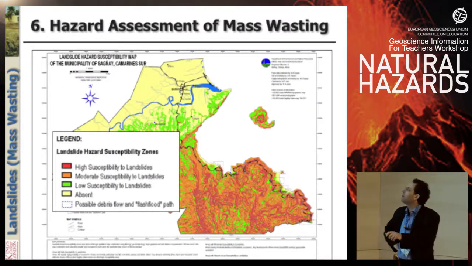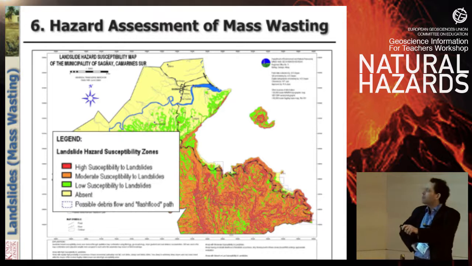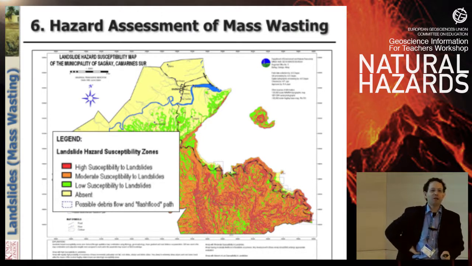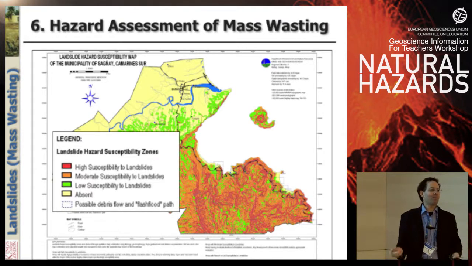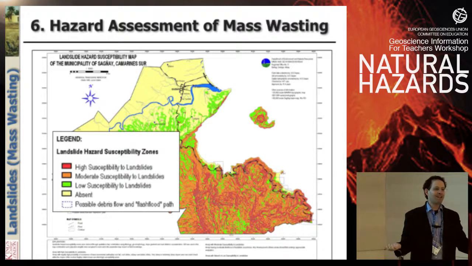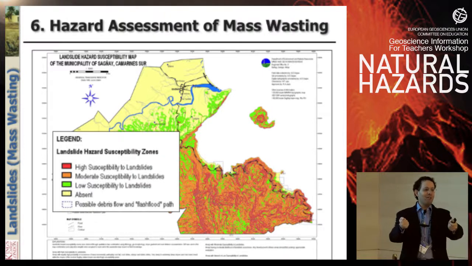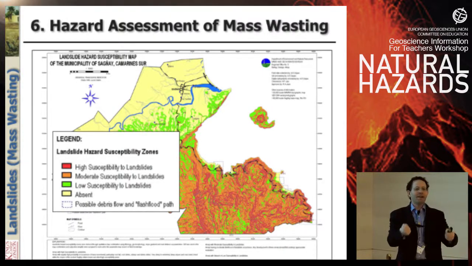This is an example for Camarines Sur. This is high susceptibility, moderate, low susceptibility, absent, and so they created it. And then you come to another issue: there's huge areas here which are being indicated as high susceptibility. So what do the civil protection agencies do if they're given a map that says everything here is high susceptibility?